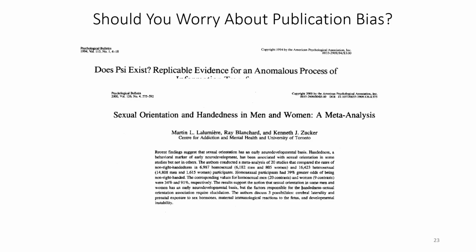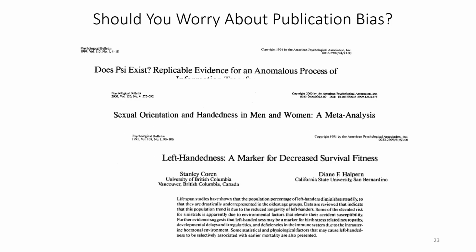So it might be connected to handedness. Well, if evidence ever comes out that's negative for that hypothesis, is there publication pressure against it? Maybe, okay? Another one, left-handedness is a marker for decreased survival fitness. Same thing. If there's concern, probably it's because these are small effect sizes that they're worrying about publication bias, right? There are things that cannot be seen easily.